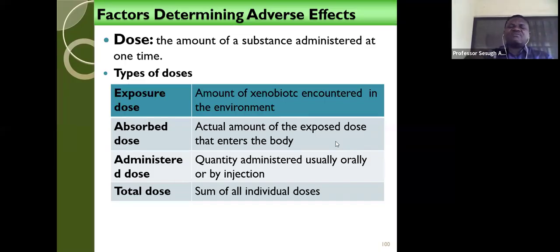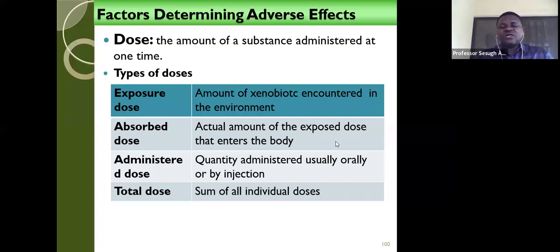Then you have the administered dose. Administered dose is like when you are injected in the hospital with a particular drug. They measure a particular amount and administer it.